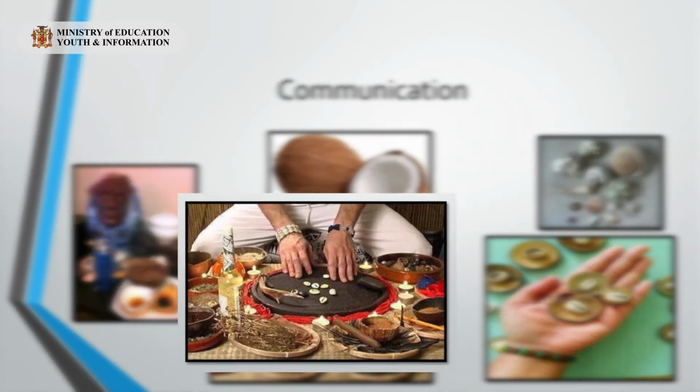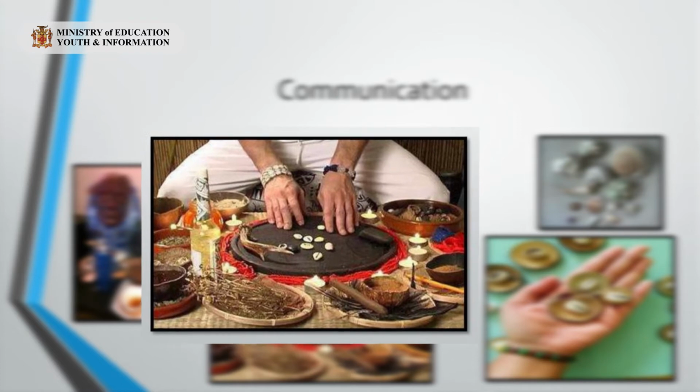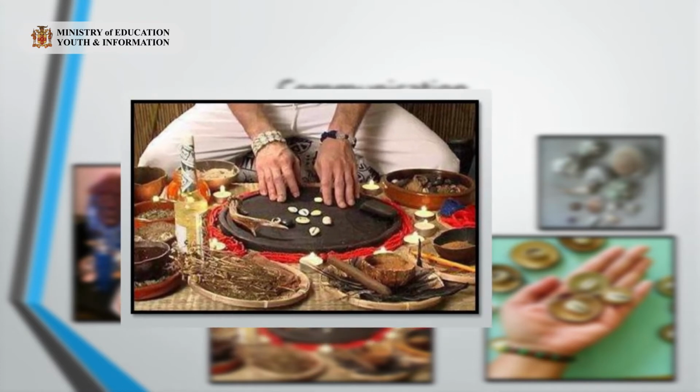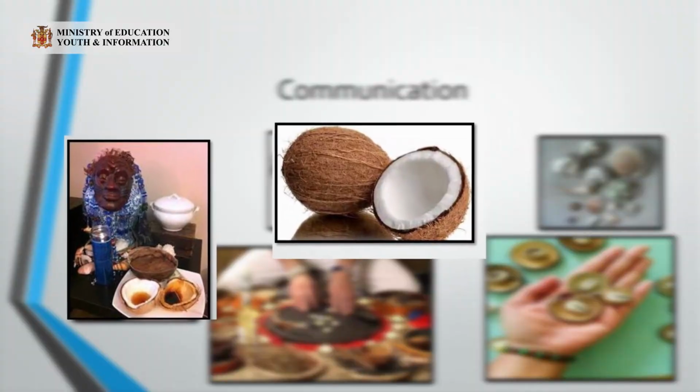In this ritual, a determination is made as to whether or not a person should receive the power, or the ashe. The ashe is another word for power. They are trying to determine if this person should receive the power to carry out the rituals of the Santeria duties. And the third one is the obi, the coconut.